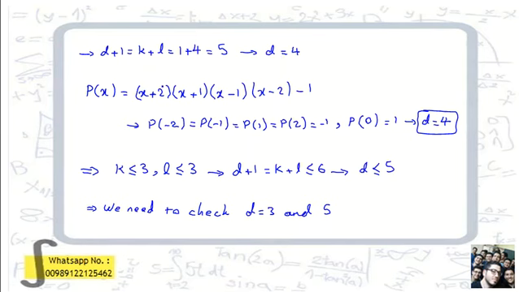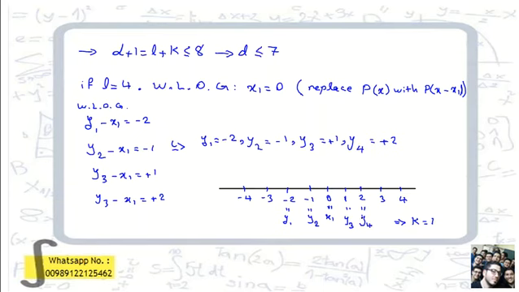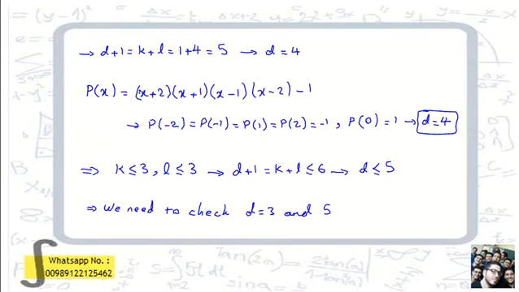If we want to find an example for D equals 4, we can use these things that we've reached: x plus 2, x plus 1, x minus 1, x minus 2, minus 1. So for minus 2, minus 1, plus 1 and plus 2, it equals minus 1. And if you replace x with 0, it would be 2 times 1 times minus 1 times minus 2 equals 4 here.